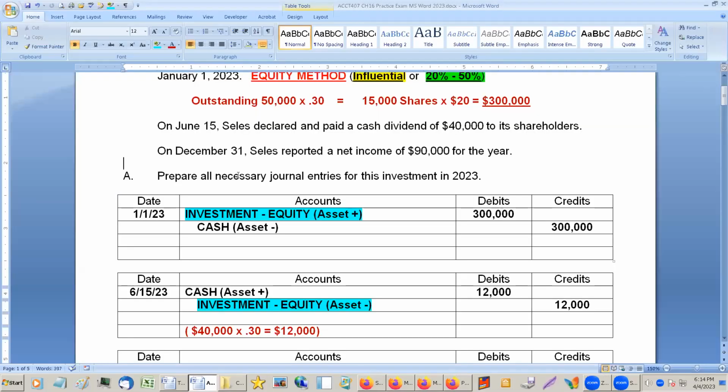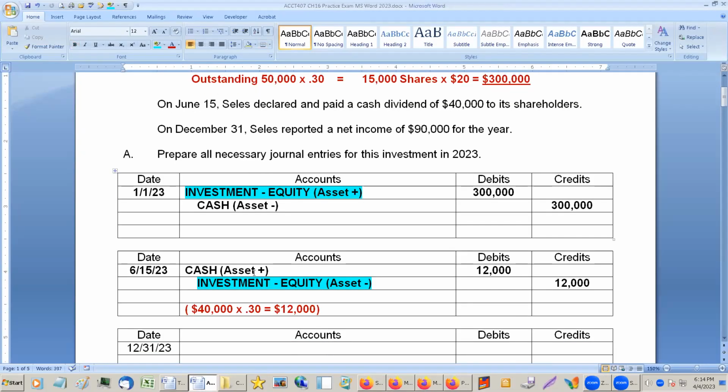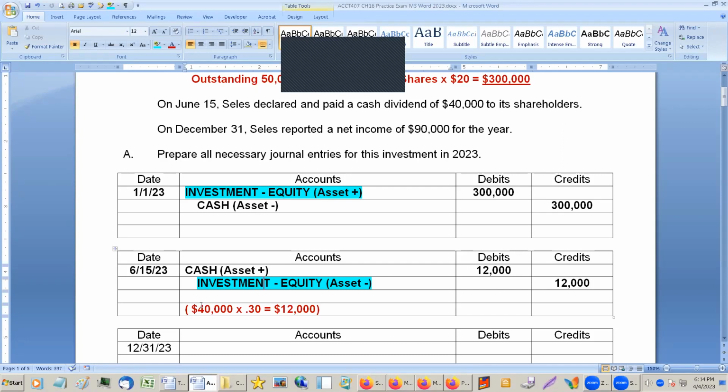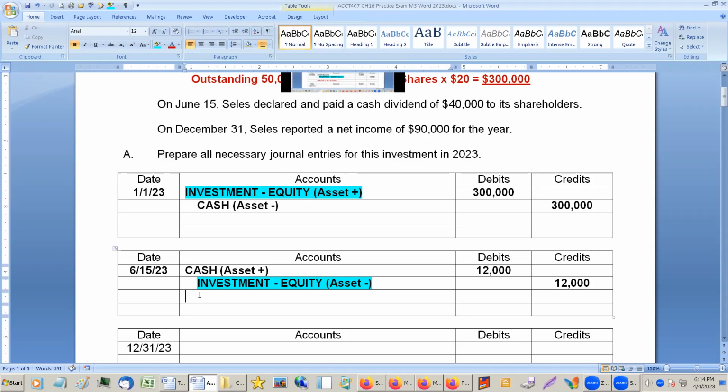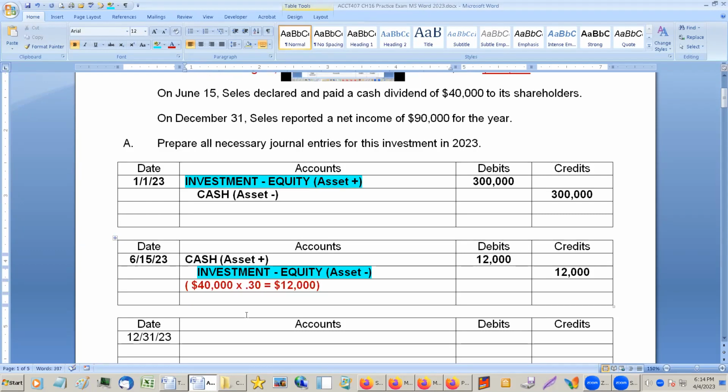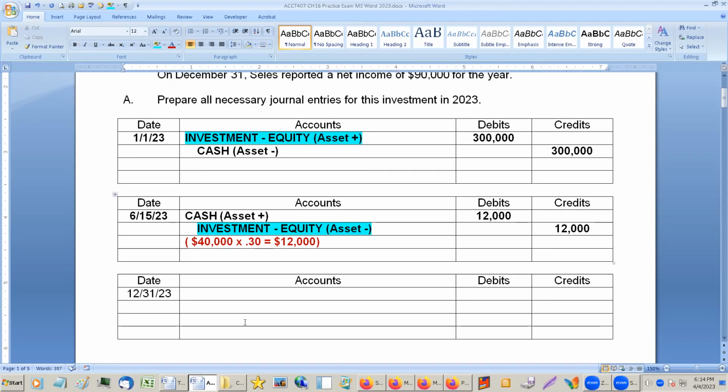What it basically means is that you own so much of it that it makes money the same way you make money, by making net income. Get this up a little bit closer here. Okay. Sales reported net income of 90,000.